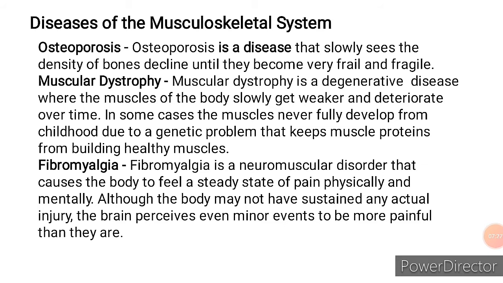Muscular dystrophy is a degenerative disease where the muscles of the body slowly get weaker and then deteriorate over time. All right, so this affects your muscles. Okay, and then the next is what? Fibromyalgia. All right, you take a look at fibromyalgia. It's a brain disease, okay, caused by brain disorder. All right, yes, caused by brain disorder.